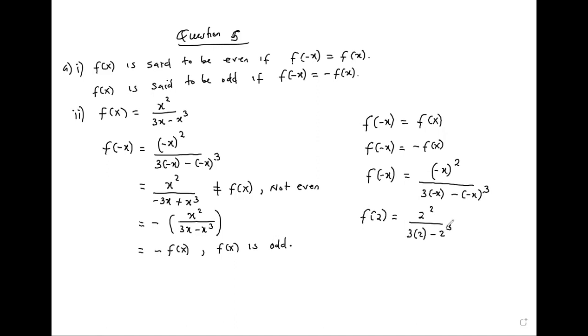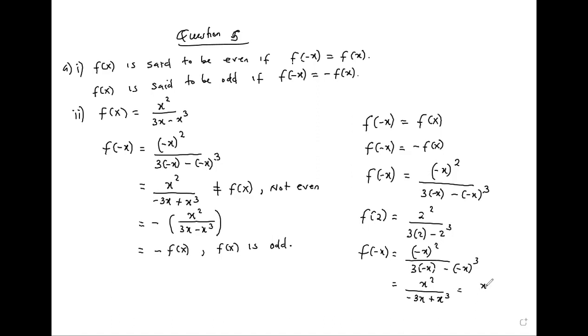Now not 2, but negative x. So you substitute 3 times negative x minus negative x to the power 3. Then you get x squared over negative 3x plus x cubed. But this is not the original function, so it's not even.